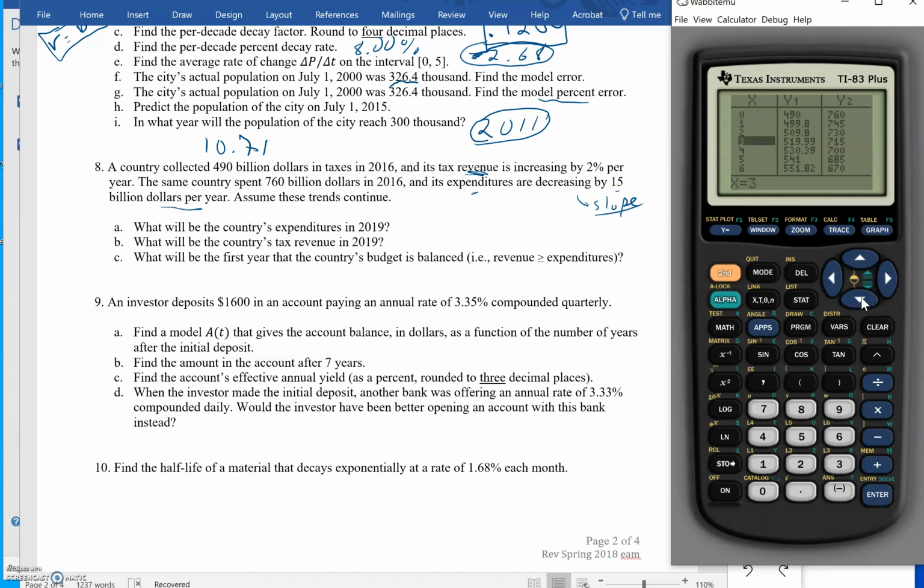So let's carefully scroll through here and see when that happens. Okay, so it's getting close now, and I think there we go. Okay, so it just happened. Do you see that? Y1 now is larger than Y2, so we need to go up to 10 or 11. So my window is at 15 right now.